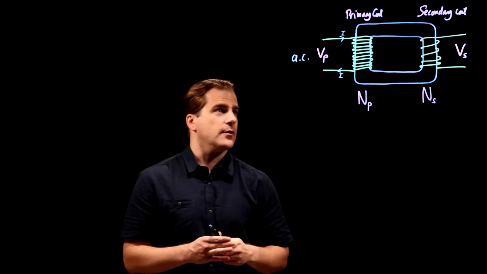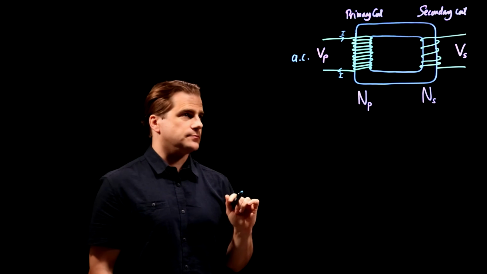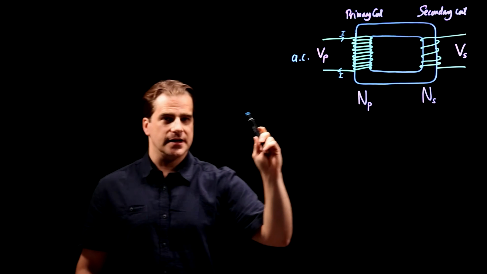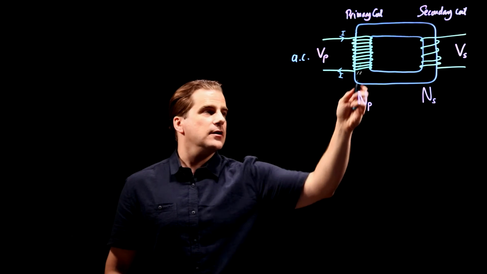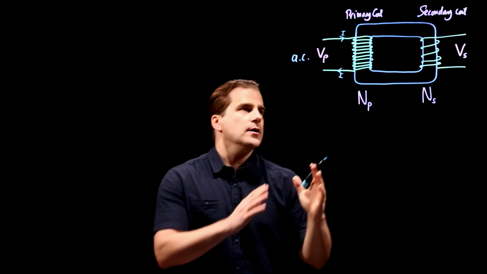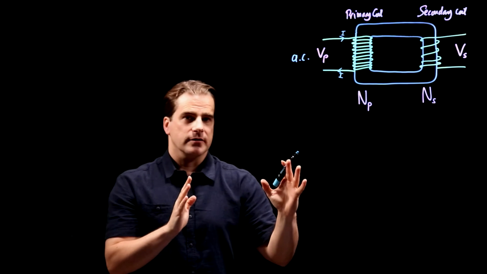Okay, good. Now, there's an equation that goes with all this. You can work out what the secondary voltage is, or the output voltage, from the number of turns, if you know the ratio of the number of turns. Anyway, the ratio of voltages is the same as the ratio of the number of turns.